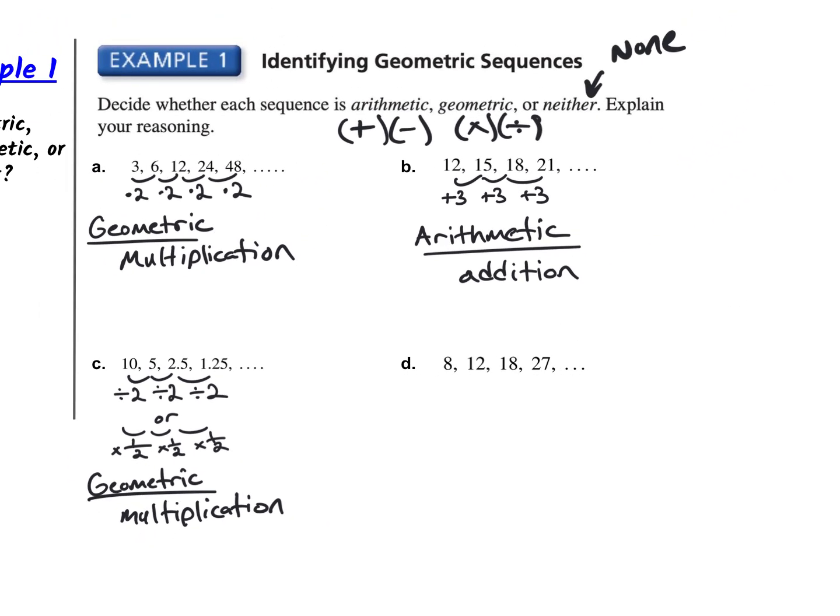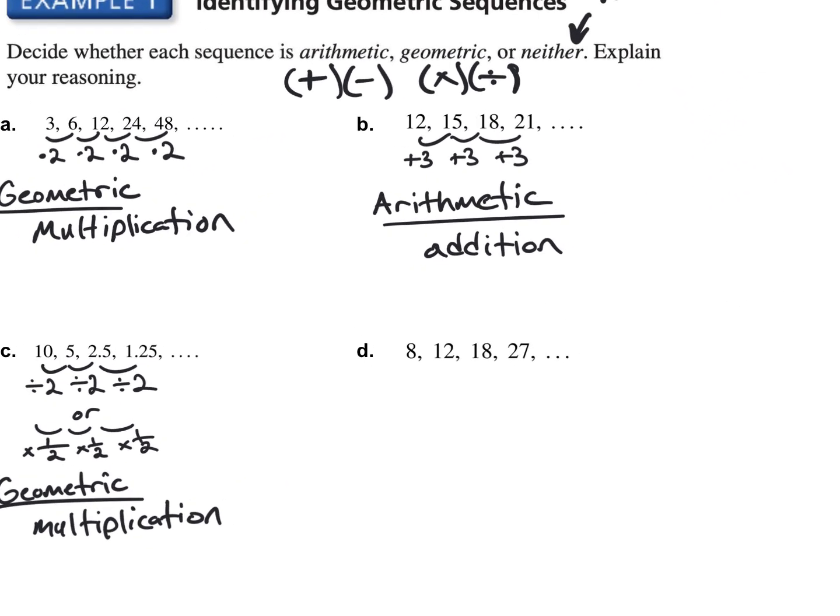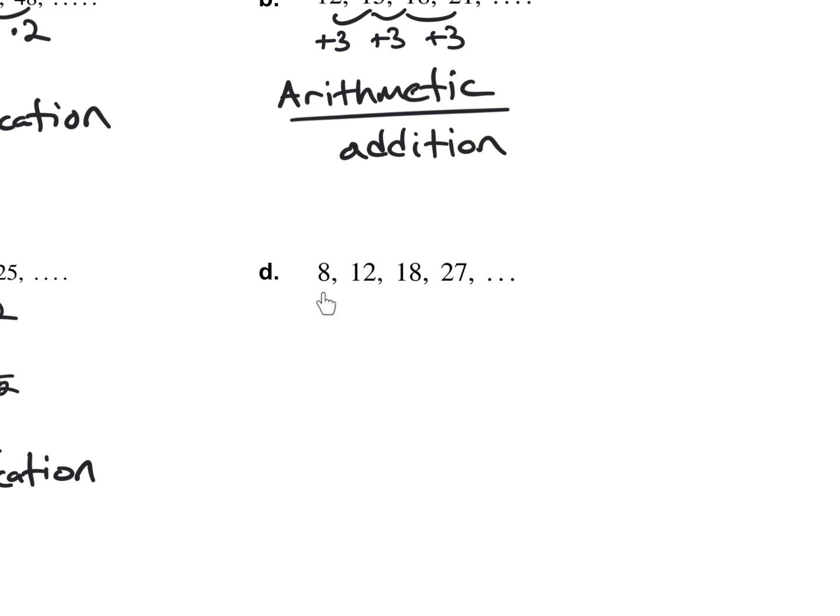Part D, we're going to look at this sequence from 8 to 12 to 18 to 27. To figure this one out, we're adding by 4, adding by 6. So we're not adding. If you'd like to figure out how we're multiplying and it's not so obvious how to go from 8 to 12, you can take 12 and go back to 8.